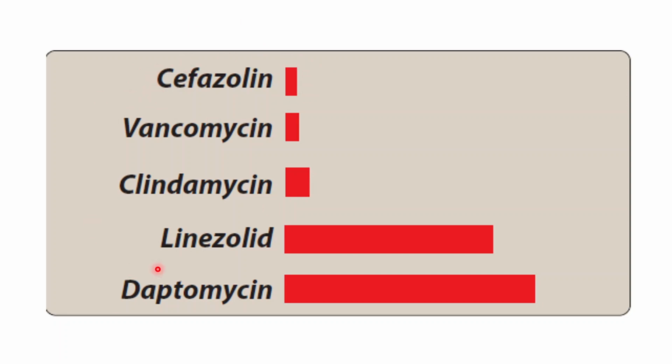All these drugs have the same effectiveness, like cefazolin, which is a cephalosporin, a beta-lactam antibiotic, and it's the cheapest one. Then linezolid and daptomycin are the most expensive ones, so clindamycin is somewhere in between.